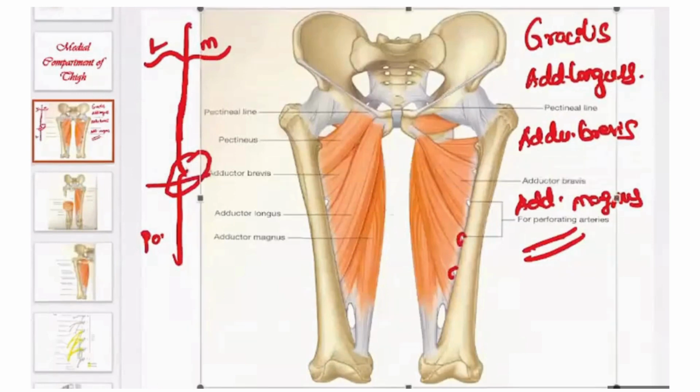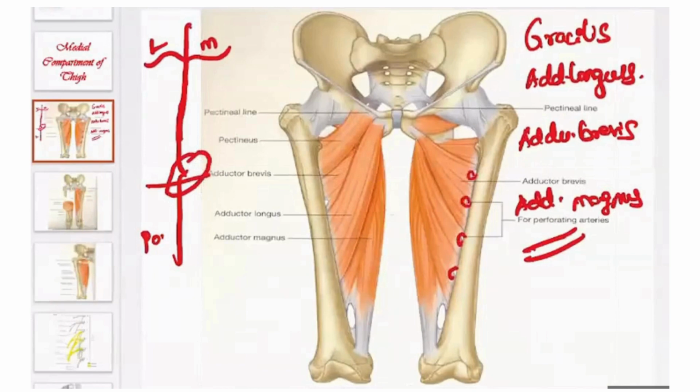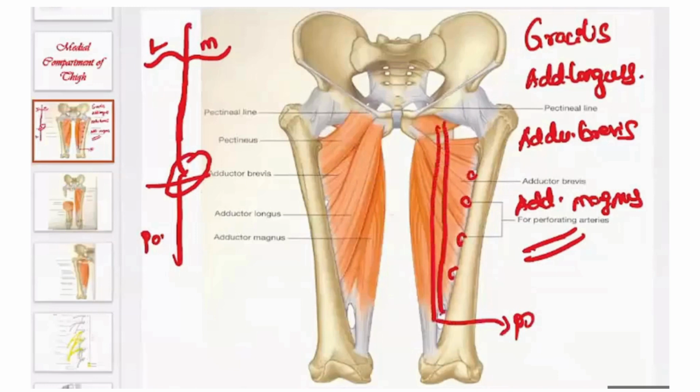How many openings? 4 openings. This opening is for the popliteal. Up to this side, this is femoral. Beyond this opening, the same artery is called popliteal. This is called the adductor hiatus.